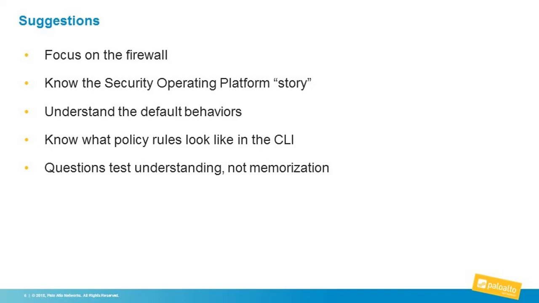Other default behaviors to focus on include decryption. What does decryption do if the attempt to break open the traffic fails? Quality of service is another one. What is the default classification of traffic if that traffic is not defined on the device itself?